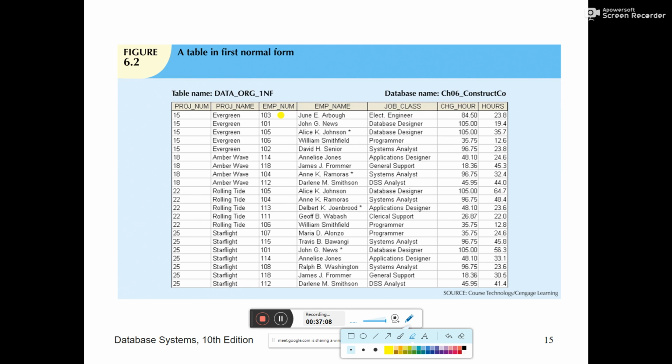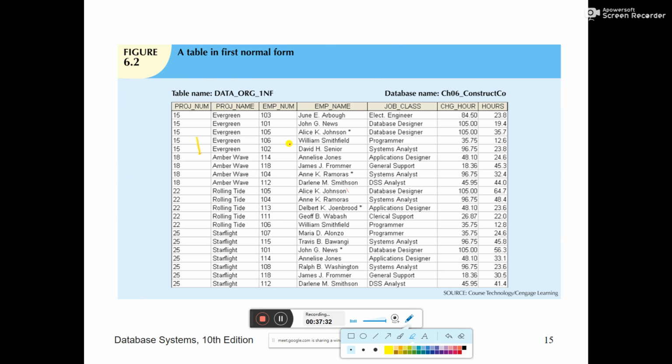Second step is to identify the primary key for this new table. In the previous table, project number was enough as a primary key, but in this new table structure, project number is not a sufficient primary key because it is repeated. You can see here it is repeated, so it's not a good primary key.